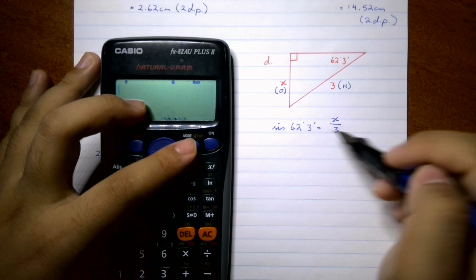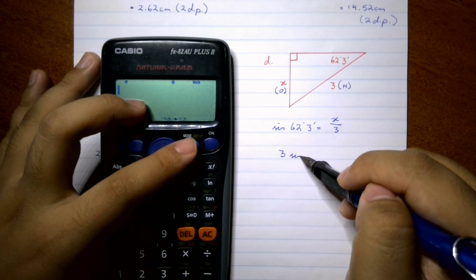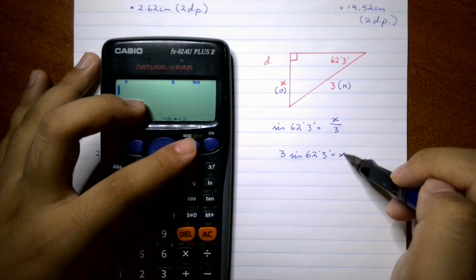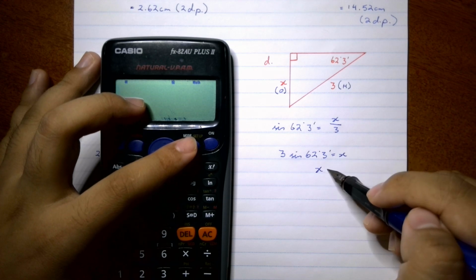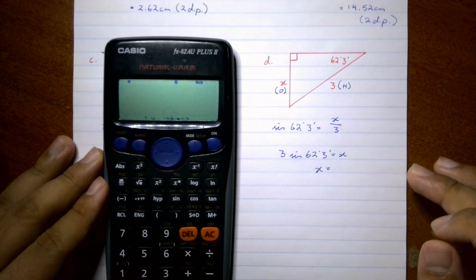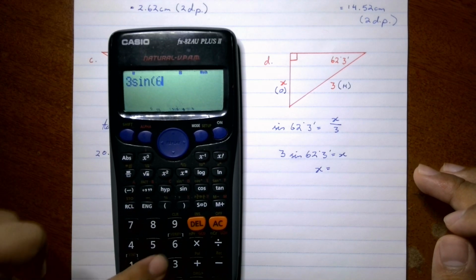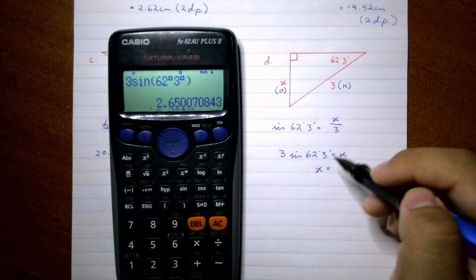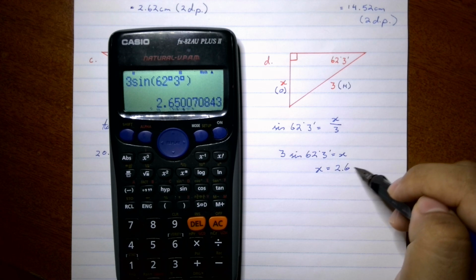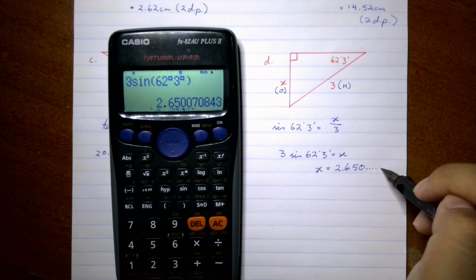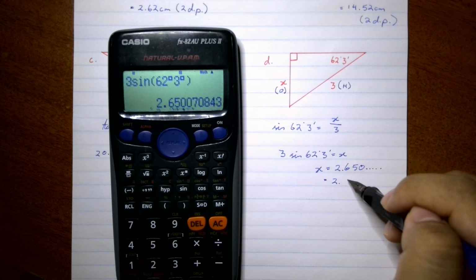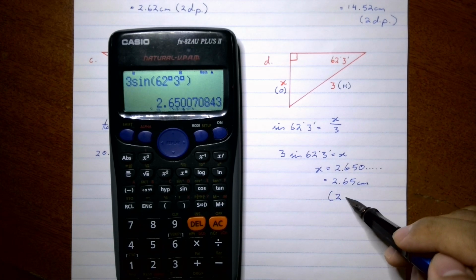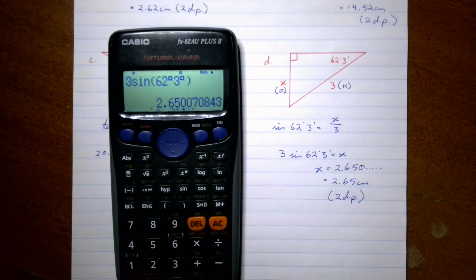That will give us 3 sine 62 degrees 3 minutes equal to x. Flipping it around, we get x is equal to, inputting, 3 sine 62 degrees 3 minutes. That gives us 2.650, which rounds up to 2.65 centimeters. And once again, that is at 2 decimal place values.